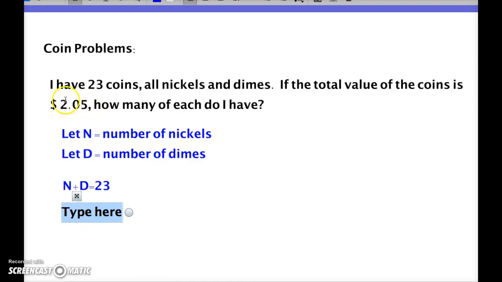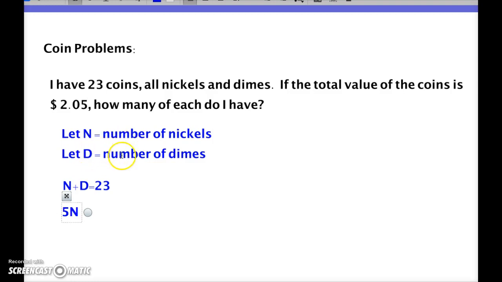So let's do everything in terms of cents. I generally find that's a little easier. So how much do I have in nickels? Well, I've got n of them, and each one of them is worth 5 cents. So altogether, they must be worth 5 cents times the number of nickels I have. That's 5n.